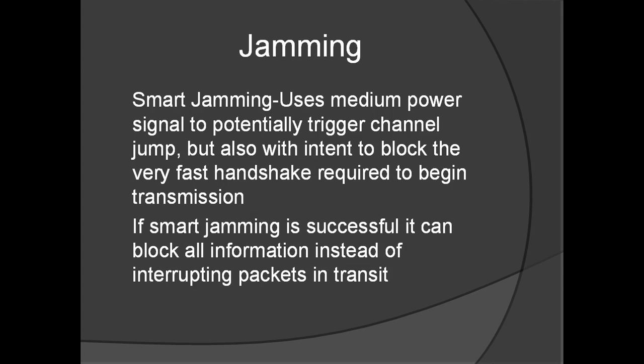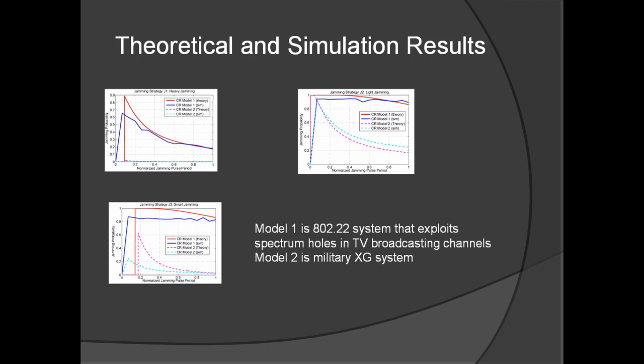The goal of this strategy is to block the handshake that happens when a node jumps from one band to another. In effect, if this is successful, the transmitter will jump from one band to the other continuously, unable to begin a transmission. So in effect, all information is blocked instead of just part of the information as in the previous examples.